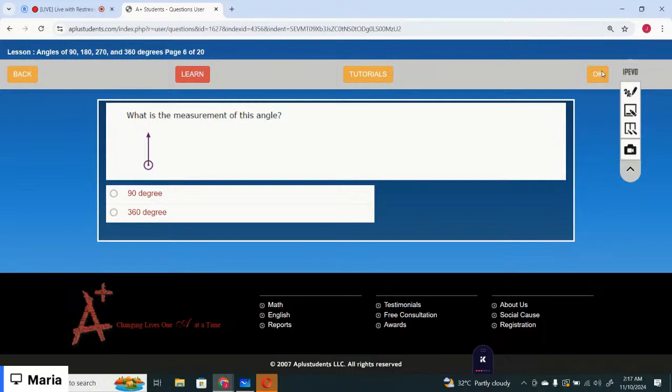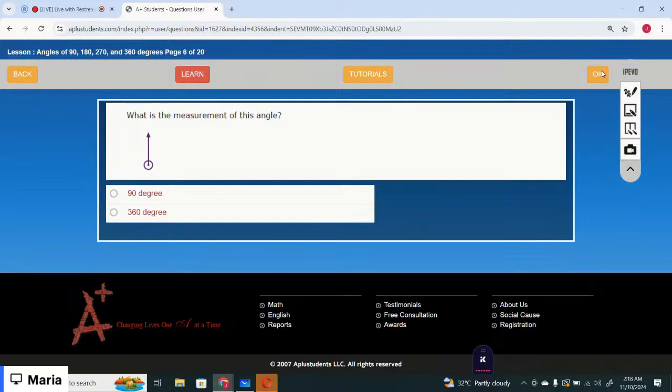What is the measurement of this angle, which is the correct option? That is 360 degrees, right?